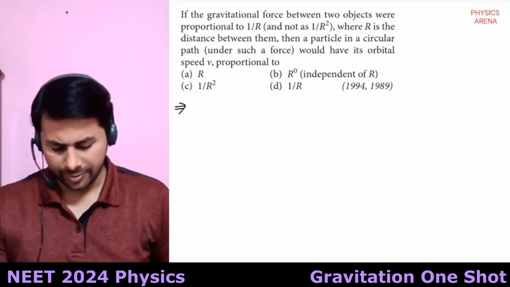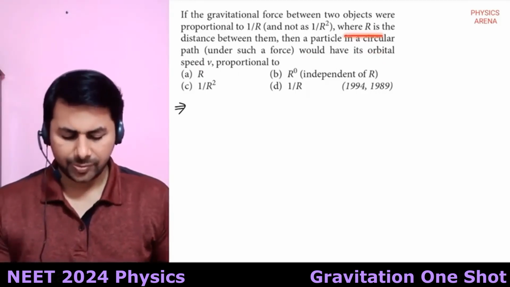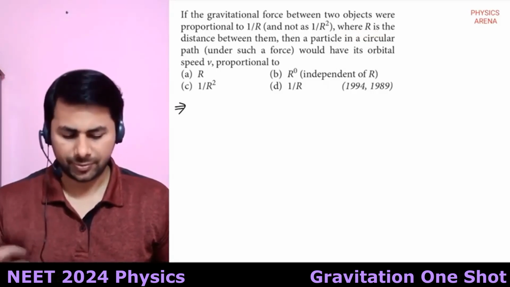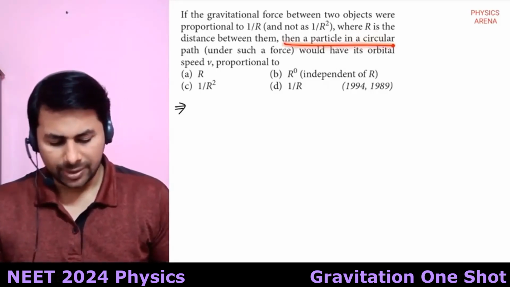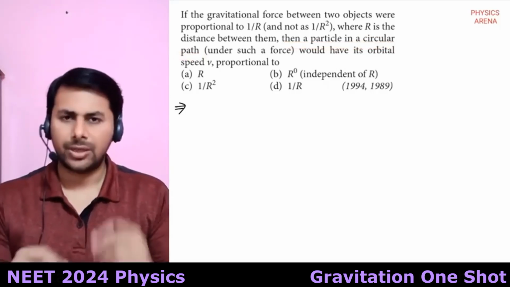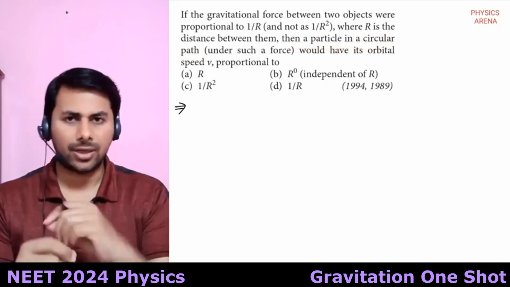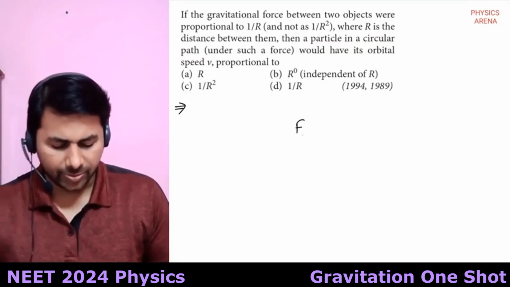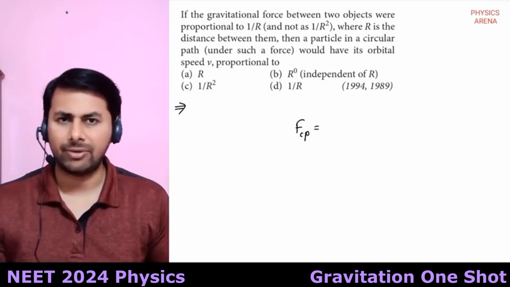This is simple. Suppose the gravitational force is proportional to 1 by r. Then a particle in circular path. So suppose Earth moves around Sun in a circular path. So the centripetal force is provided by gravitational force.